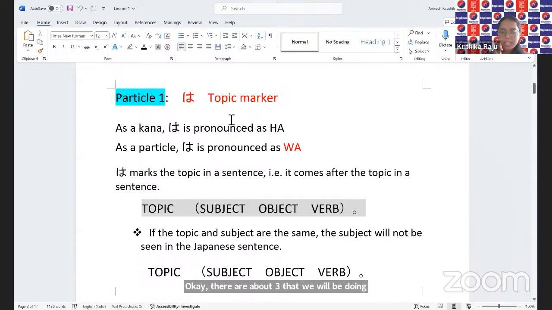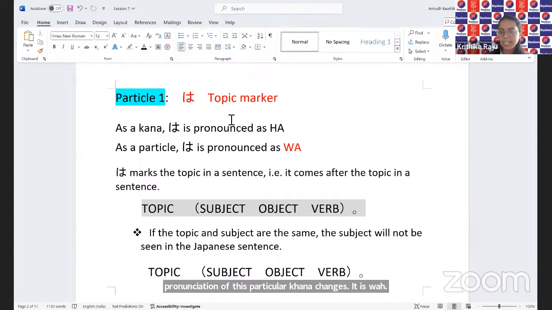So what does this particular kana mark? What kind of a particle is it? It is a topic marker. In Japanese, you have this idea of a topic. It's not too complicated, although we've never studied that in our languages. It's kind of easy to understand.